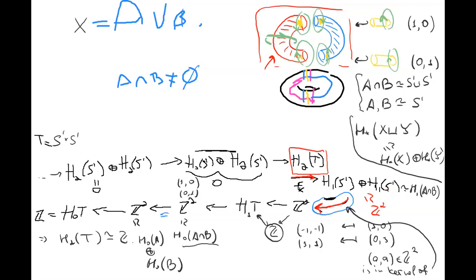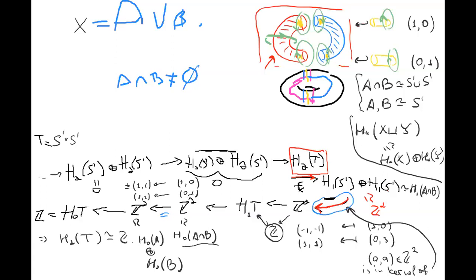But in our case it doesn't matter, because anyway it has the one-dimensional kernel. So if this guy maps to 1, 1 and this guy maps to plus minus 1, 1, anyway we have the kernel and it is Z.